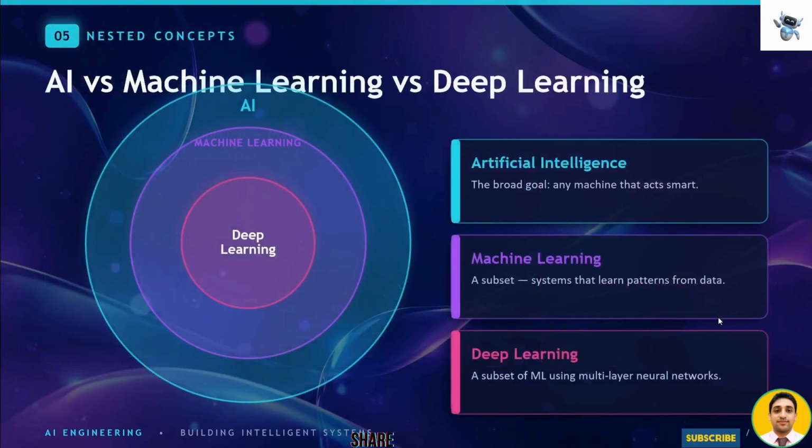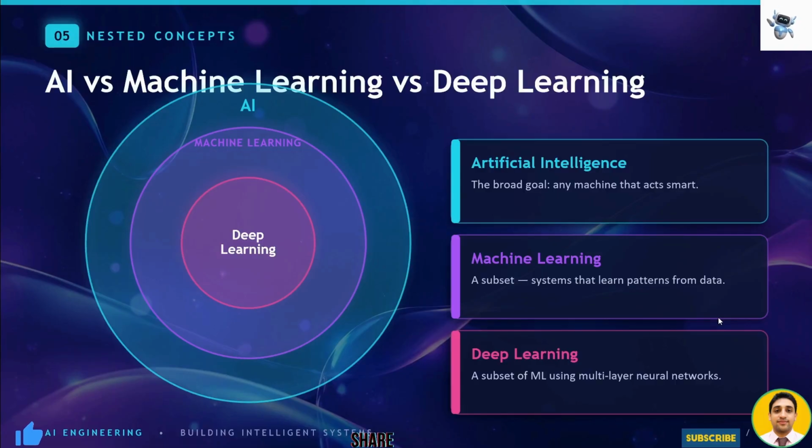One of the most common confusions for beginners is understanding the difference between AI, machine learning, and deep learning. People often use these three terms interchangeably, but they actually represent a nested relationship like circles inside circles.